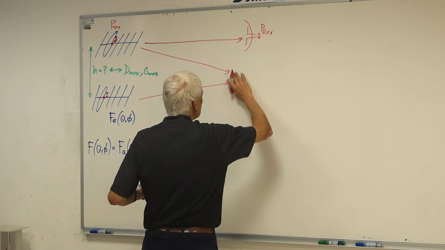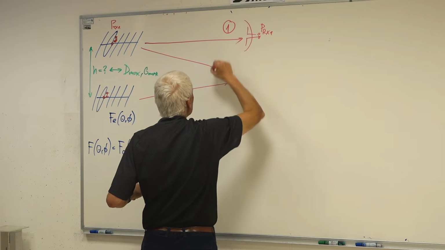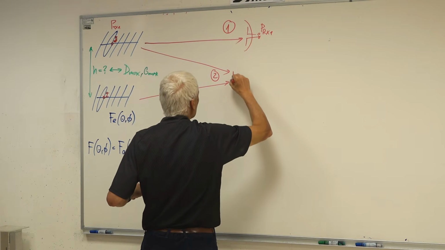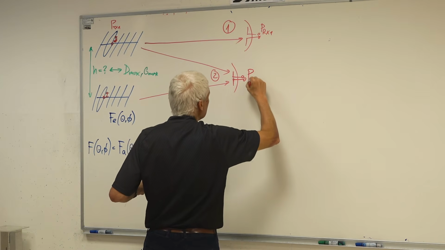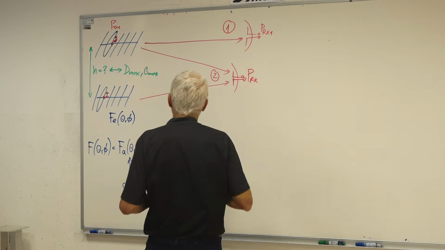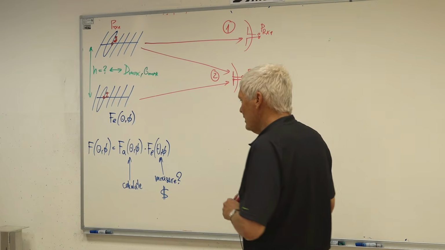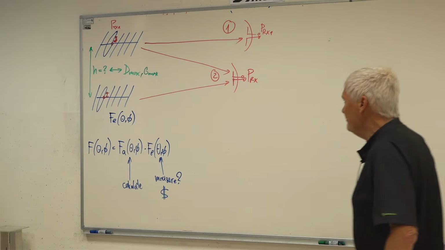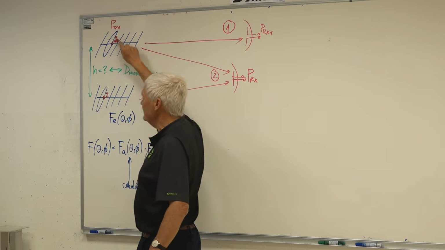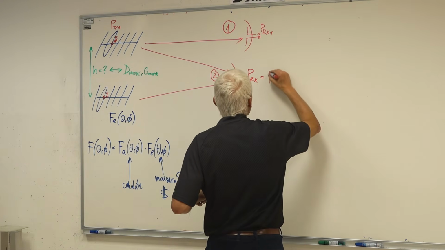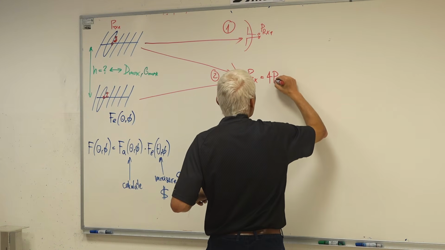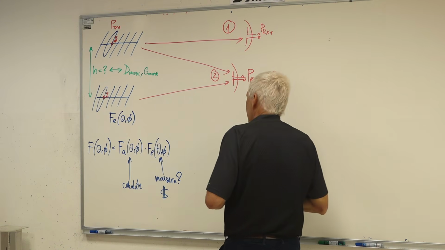In the second step I turn on both antennas, and I get P receiver for both antennas. How much power do I get? I have twice the currents in the antennas, so I have four times the received power with just one antenna.